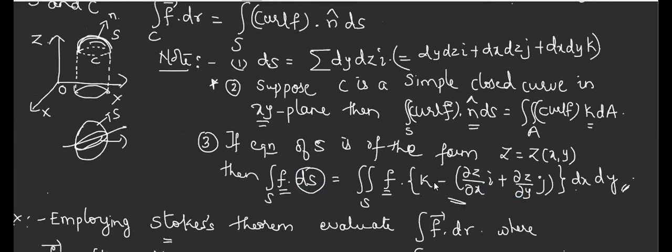So how should it be written? k minus dou z by dou x i plus dou z by dou y j, dx dy. This is applicable. We are going to take this for one or two examples. Write down these results, 1, 2, 3 points. Second one is very important. Now, you should understand how to solve the problems. That is most important.